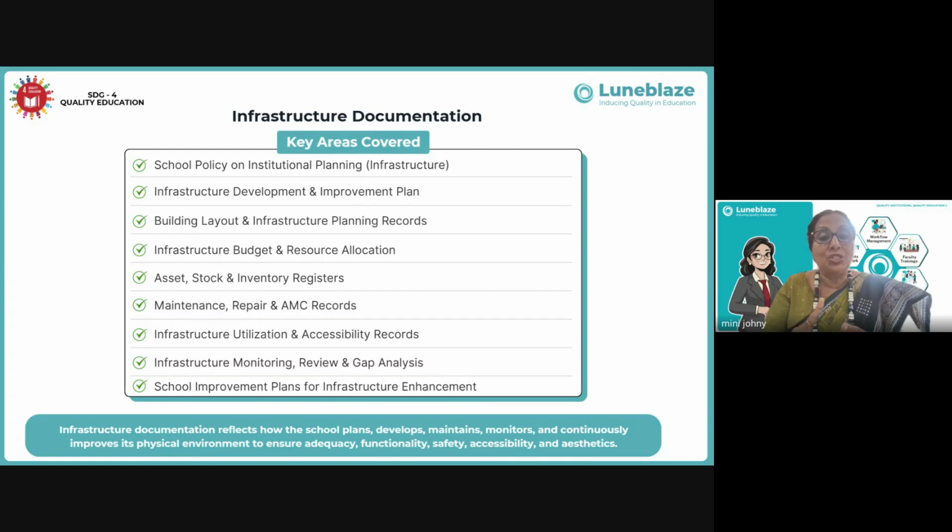Utilization, safety, is it giving safety for the students? Accessibility, can the children access it, barrier-free access, and aesthetics, what is the beauty of the building or the classroom or any places, how it is. That is why infrastructure is very important: adequacy, functionality, and aesthetics.